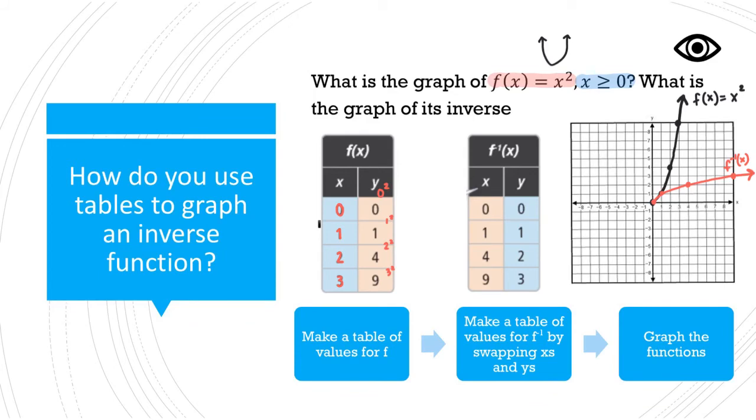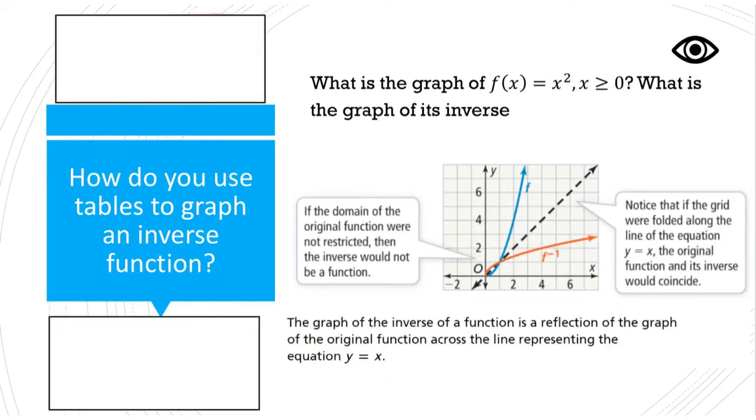All that happens is the x's and y's switch, but why do 0, 0 and 1, 1 stay? Well, it's because of the line that our graphs are mirroring themselves across, and we're going to show you that on the next page. So here's the same graph that I just created, and you can see that there's this new dotted line in the middle of them.